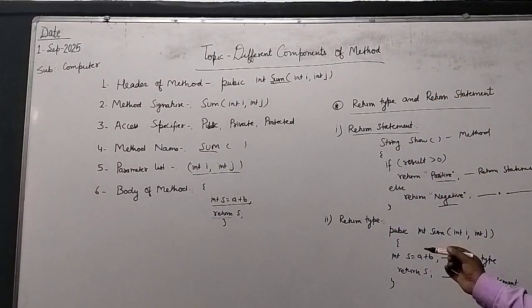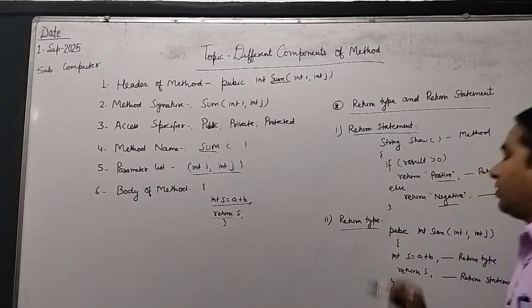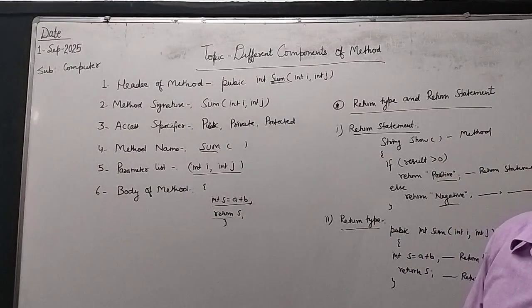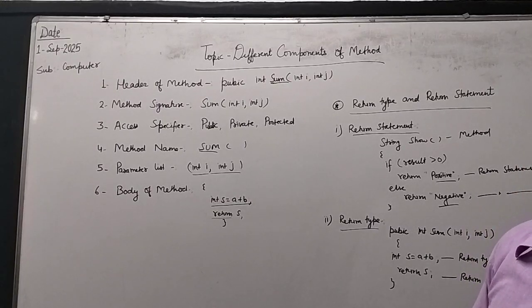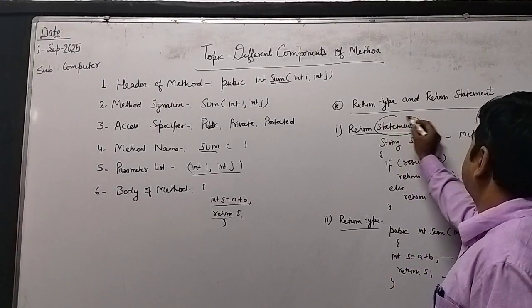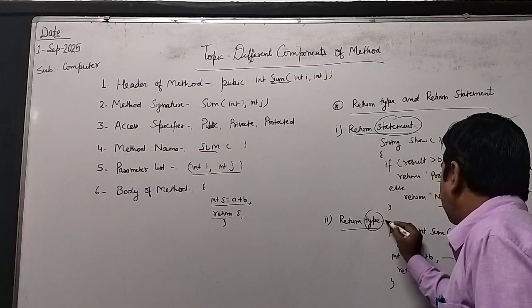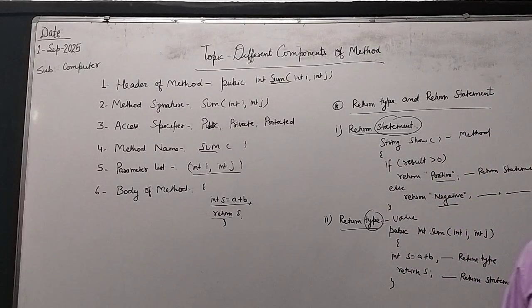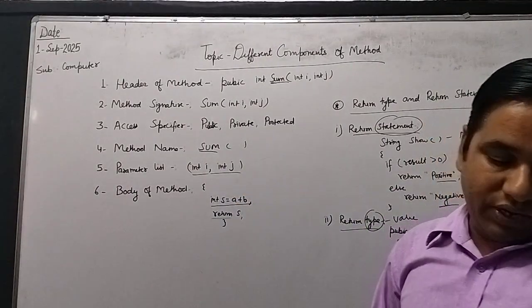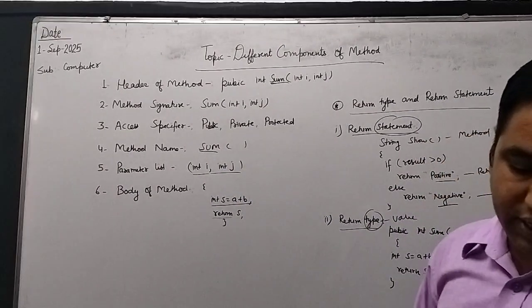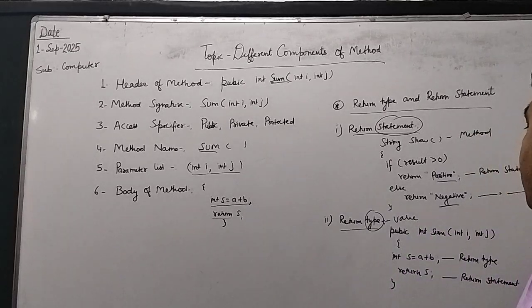Now move to the next topic, return type. If the function is returning a value, then the data type of the value is written before the function name.